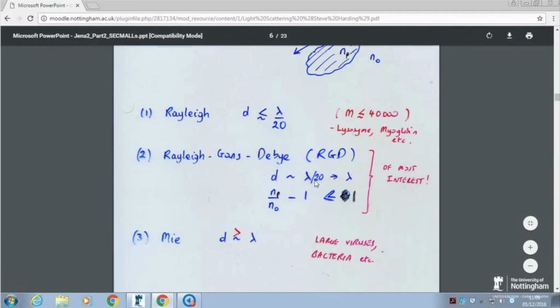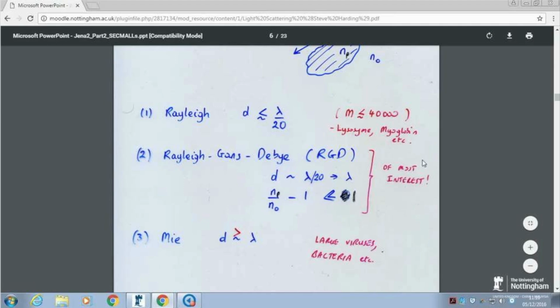And the other condition for Rayleigh-Gans-Debye scattering is that the ratio of the refractive index of the particle to that of the surrounding aqueous medium, n over n0, minus 1 should be much less than 1. With that condition, this is known as Rayleigh-Gans-Debye.